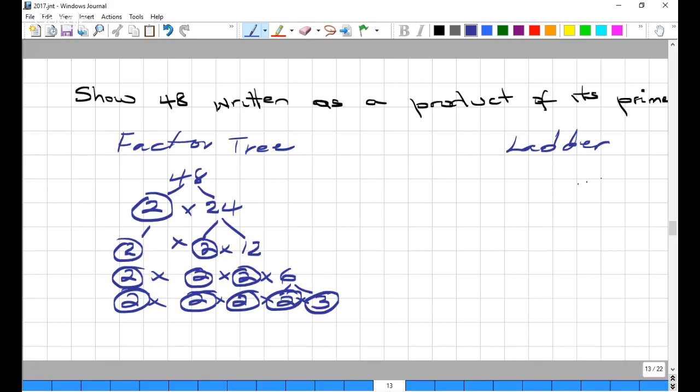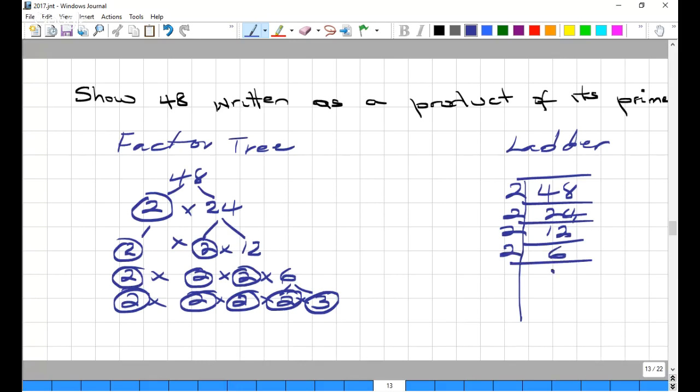Let's try the ladder method. So we have 48. 2 into 48, how many times? 24 times. 2 into 24, 12 times. 2 into 12, 6 times, and 2 into 6, 3 times.